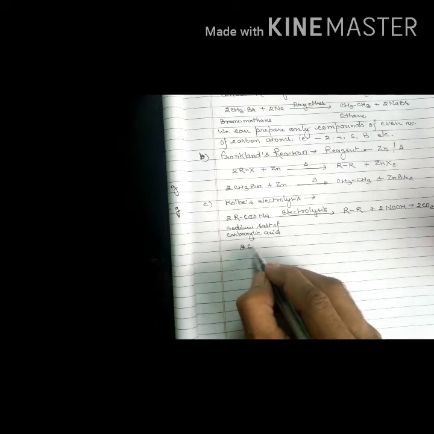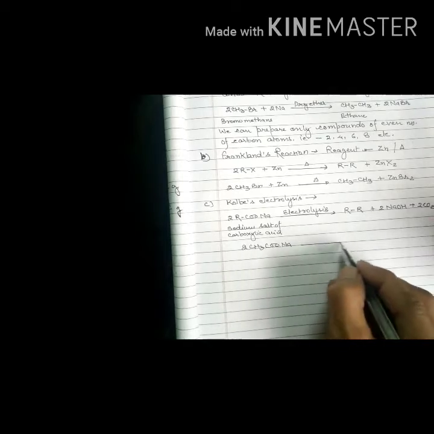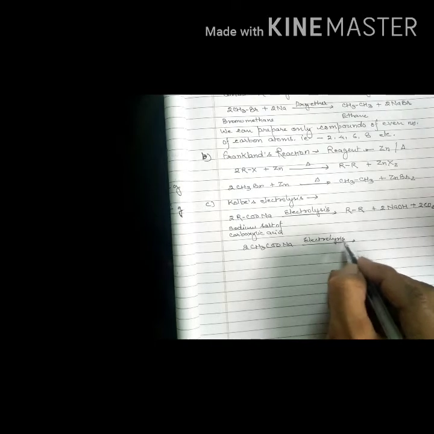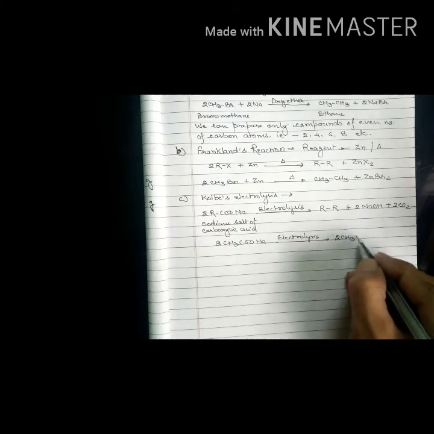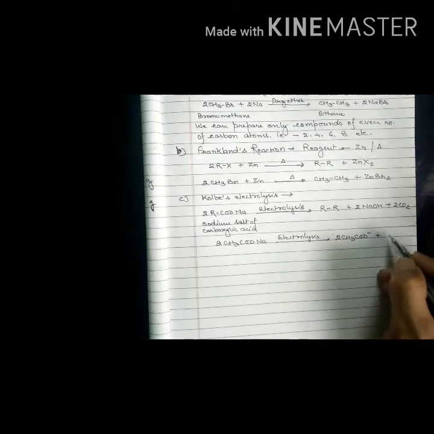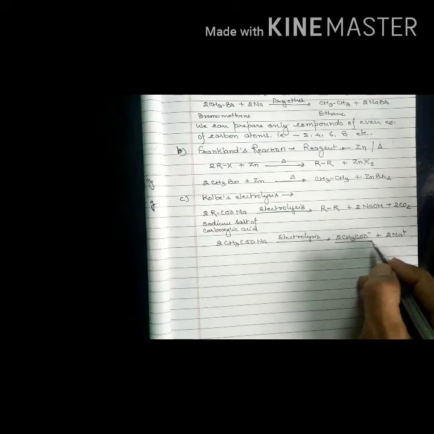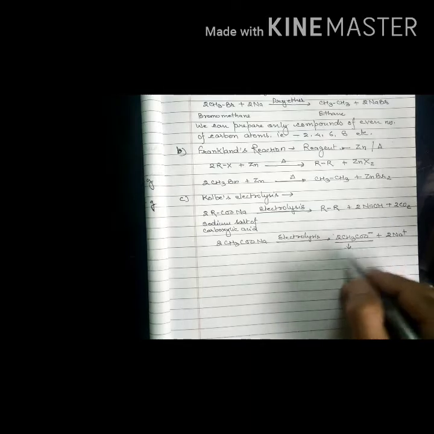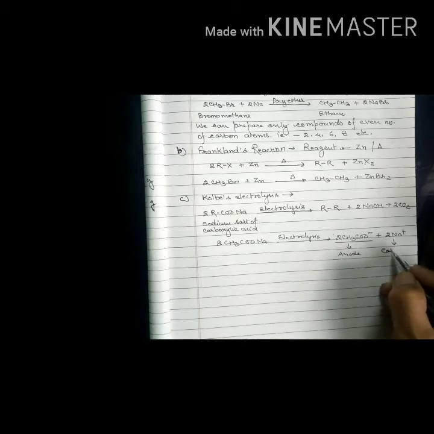2CH3COONa on electrolysis gives 2CH3COO negative and 2Na positive. The acetate ion will convert to give you alkane. Being negatively charged, it will move towards the anode, and Na positive will move towards the cathode.